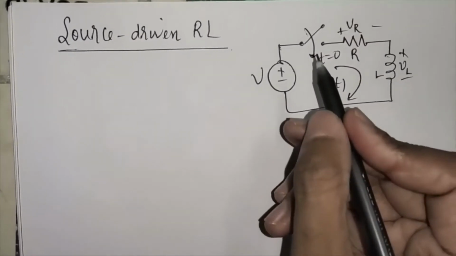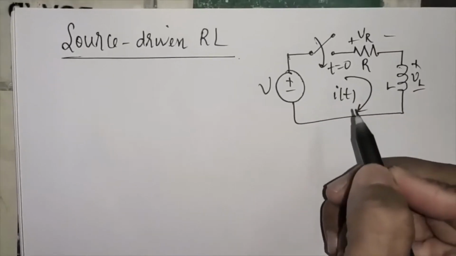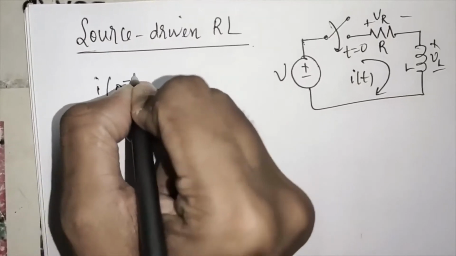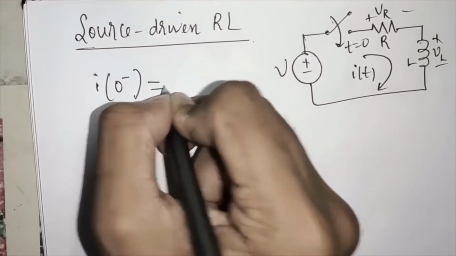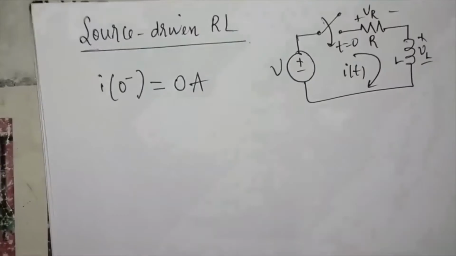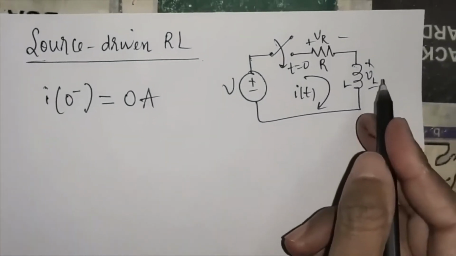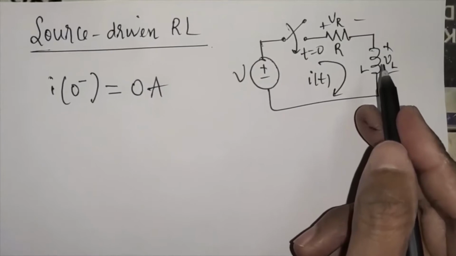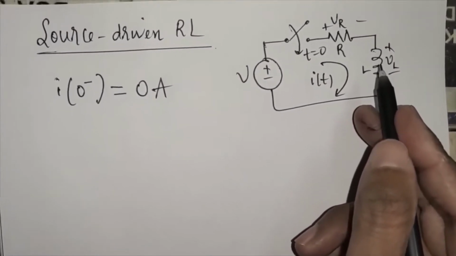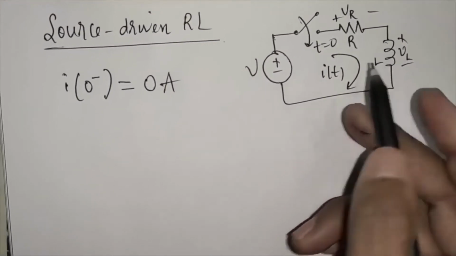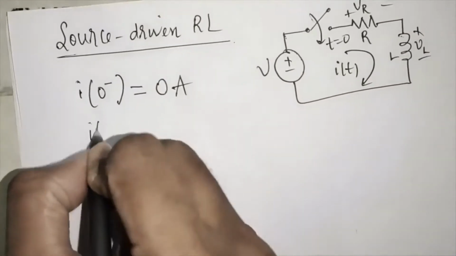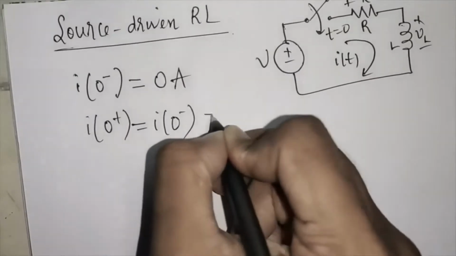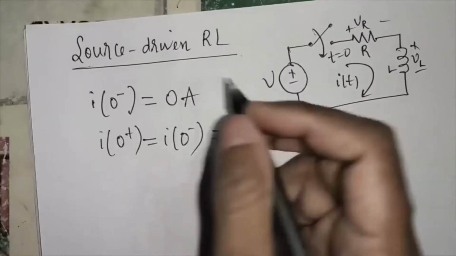When the switch is open, we know that the current flowing will be 0. So in this case, I of 0 minus is equal to 0 amps. But the inductor property is, as we know, it does not allow any sudden changes in current. So the current flowing through inductor before and after switching will be same. So I of 0 plus is equal to I of 0 minus, which is nothing but 0 amps.